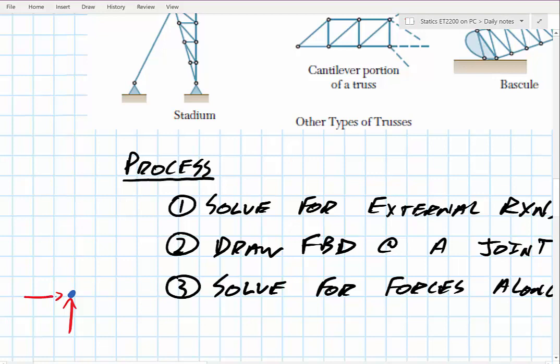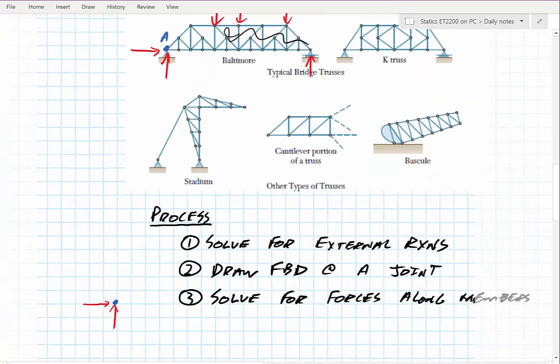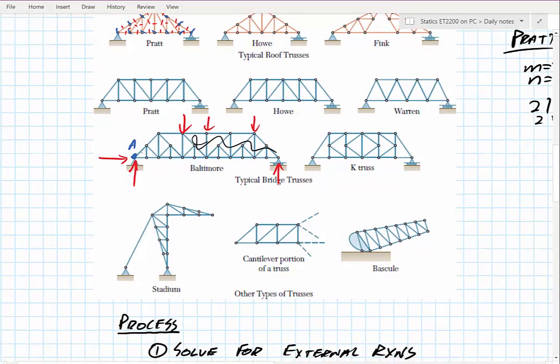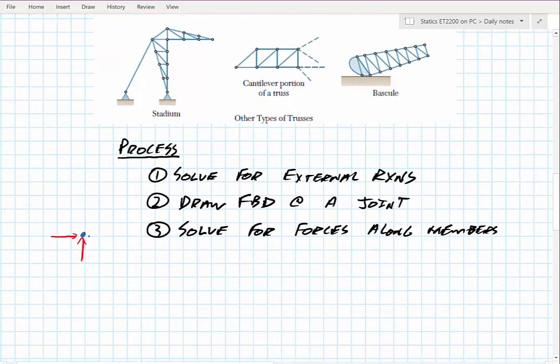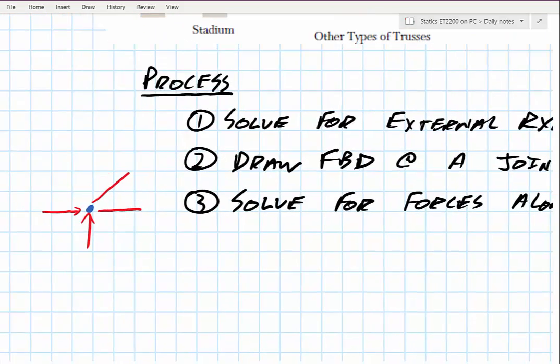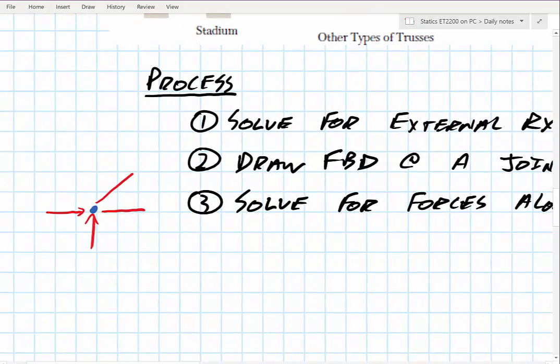And then internally, I'd have these two other forces. Because I know they're two-force bodies, I know the direction they're headed. So I'd have one going this way and one going that way. And there's a little something else, and we'll talk more about this when we do an example, but I do know the direction of these arrows because I know the sum of the forces in the y direction equals 0. It's all in equilibrium.